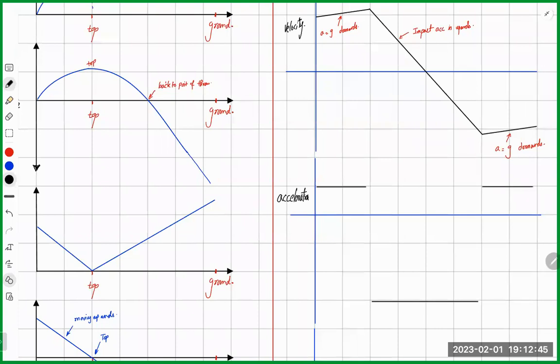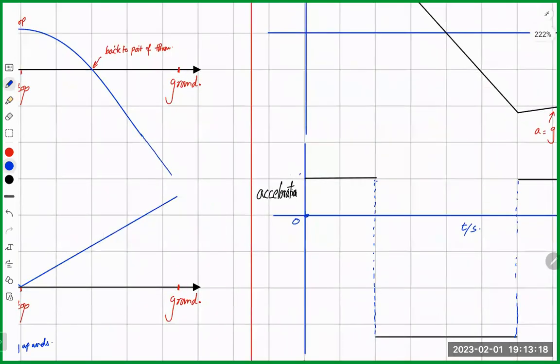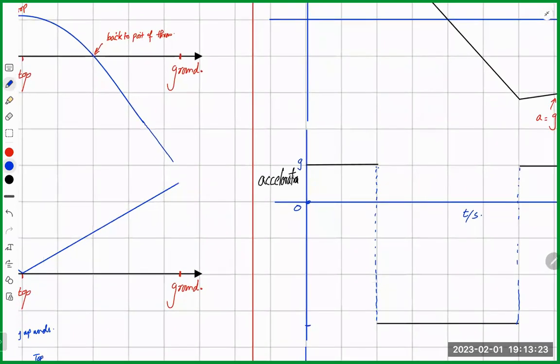And the negative acceleration, which is the impact acceleration, is far more in magnitude than gravitational acceleration. So I hope you can still see that this is the time axis, this is the origin. So positive acceleration is a very small value. This is gravitational acceleration, g, and this is impact acceleration.